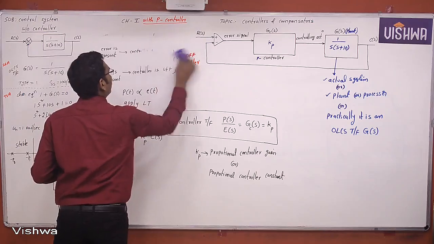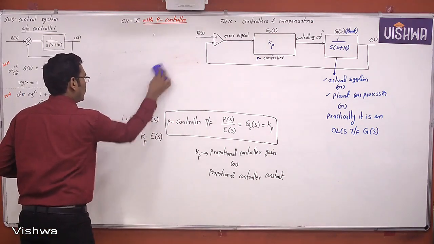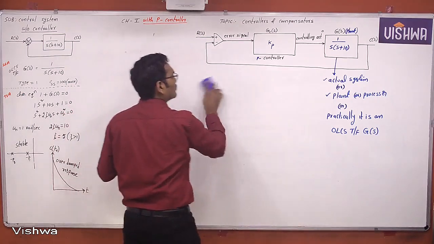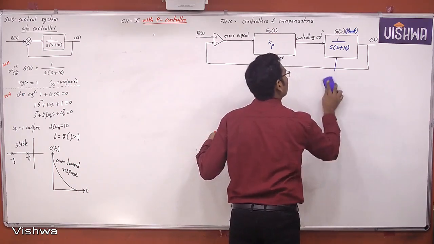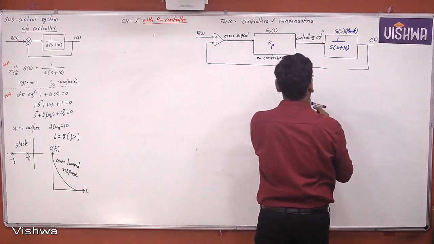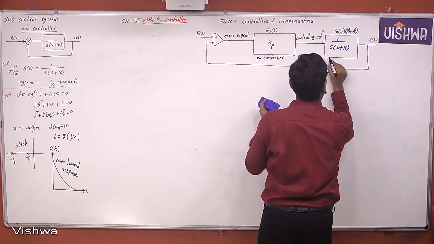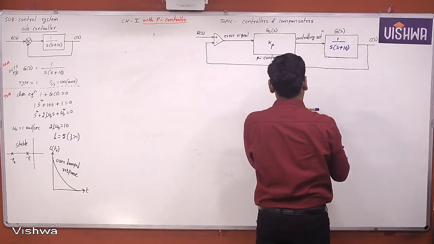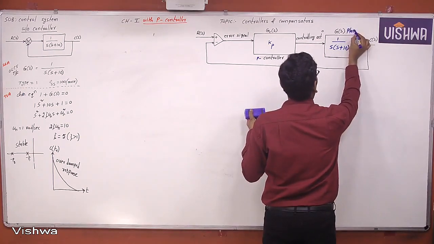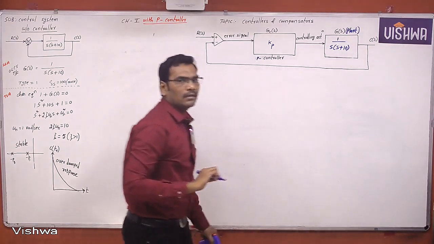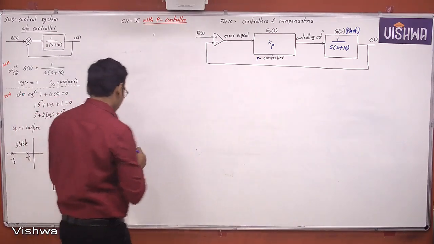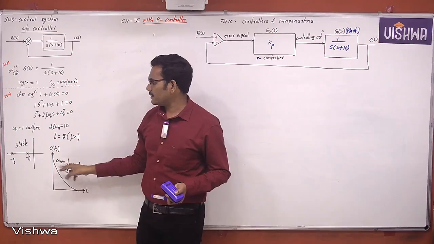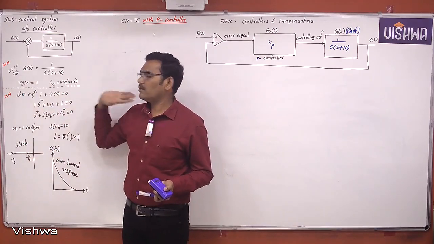Without controller, nothing, only the plant, with steady state analysis and transient state analysis: the closed loop control system is stable, but the error is somewhat more. So this is without controller.